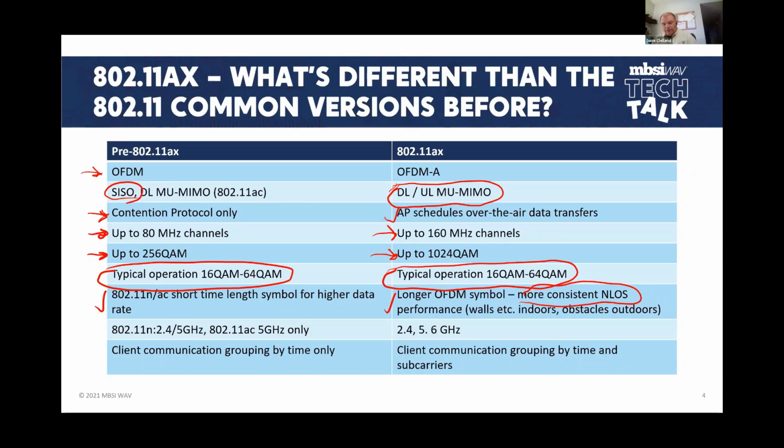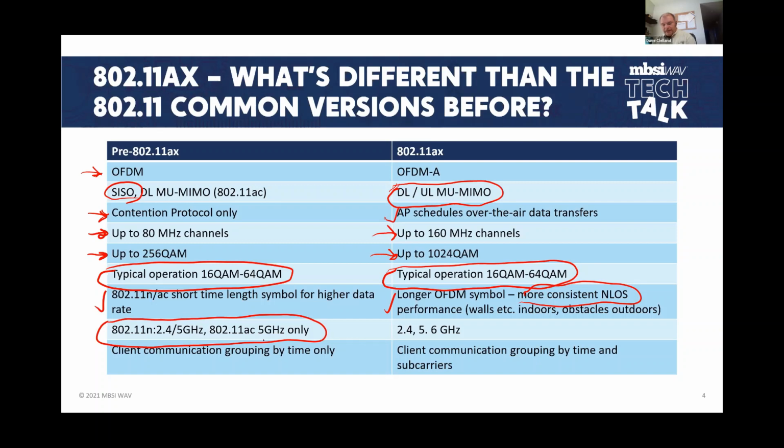We had a number of different standards before pre-802.11ax. Just for example, the 11n standard had 2.4 and 5 gigahertz, while 11ac was 5 gigahertz only.